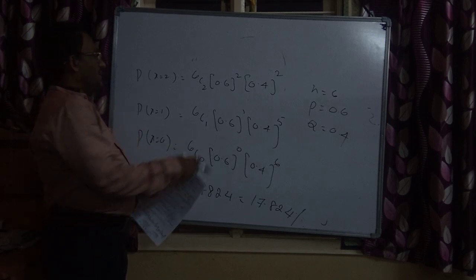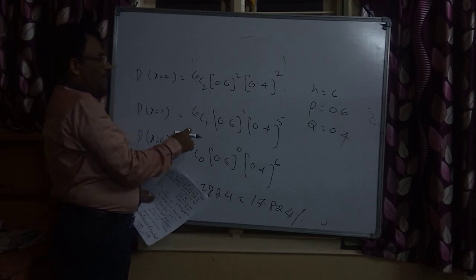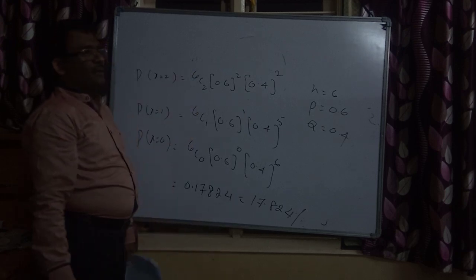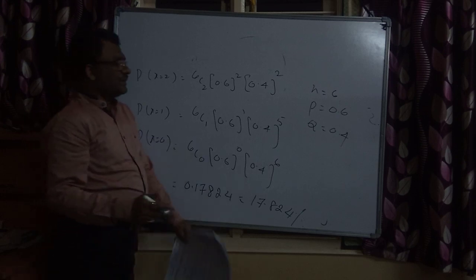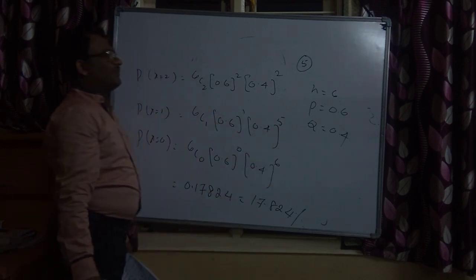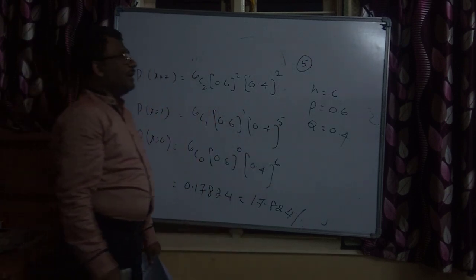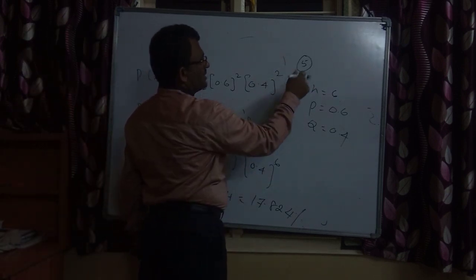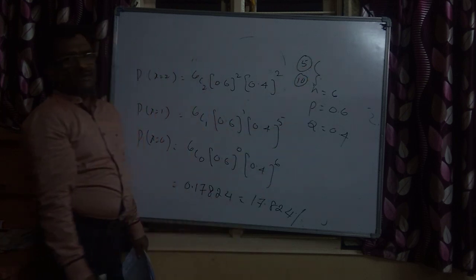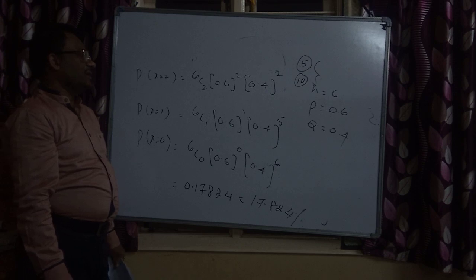Now I can say that problems of this kind are very important for you with regard to examinations, maybe for your 5 marks. Section B would be 10 marks, and section C maybe 5 marks.